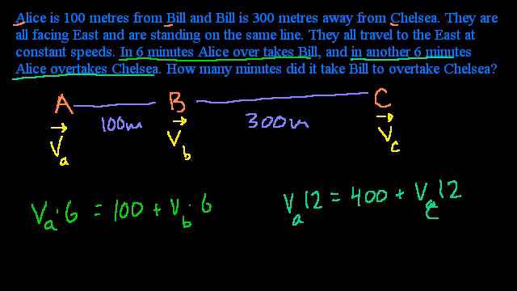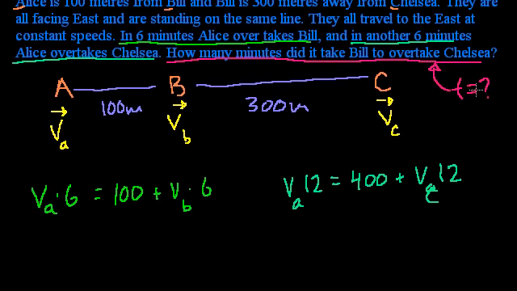And what is their question? They're asking us, how many minutes did it take Bill to overtake Chelsea? All right, so for this question, we want to know time in minutes. How long does it take Bill to overtake Chelsea? So let's say it's time t.